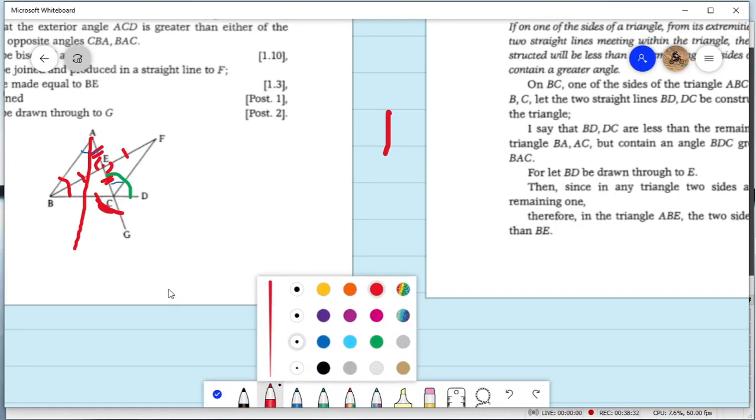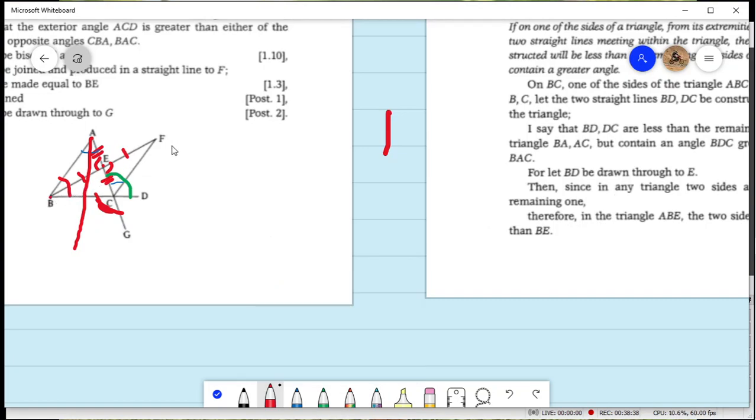Again, the assumption of Euclid is that if you extend this, there is no way that the point on the line would be the same as B. That was the assumption, but it was not explicitly stated, because it is possible in some other geometries that if you extend a line, it would go back to itself.